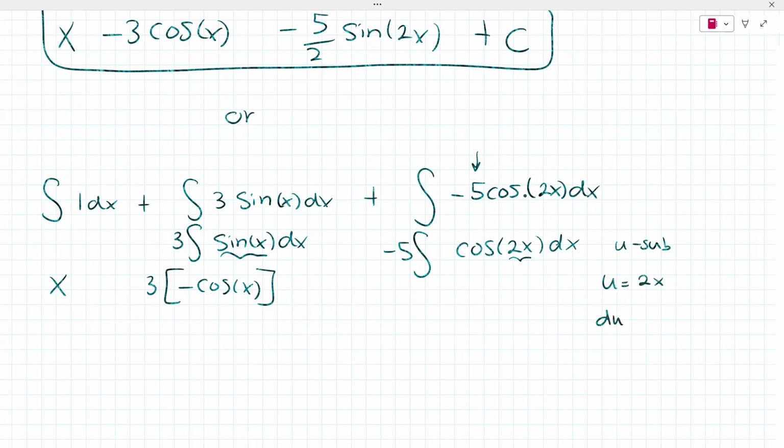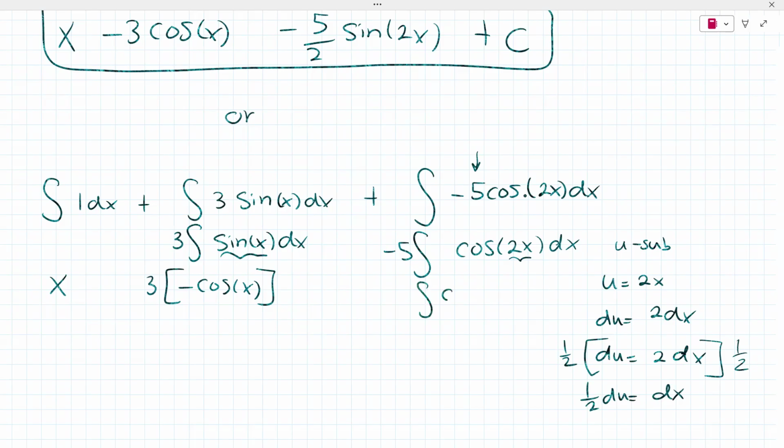And then you take your du, which is 2 dx. And then you'll have to get rid of this 2 because we don't have an extra 2 near the cosine, so get rid of it by multiplying both sides by 1/2. So this is going to be 1/2 du, and then 2 times 1/2 is dx.